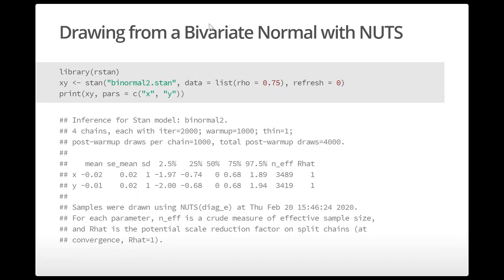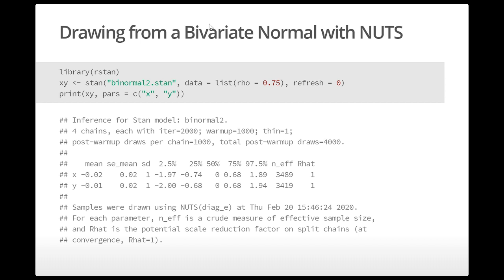So to sort of wrap it up a little bit, if you do bivariate normal and use the latest iteration of no U-turn sampling, which like I said, has changed about 4 times since the original Hoffman paper, you load up RStan. There's a file called binormal2 up on Canvas that is doing the same thing that I was doing on Tuesday with this 0.75 correlated bivariate normal distribution that we're drawing from.